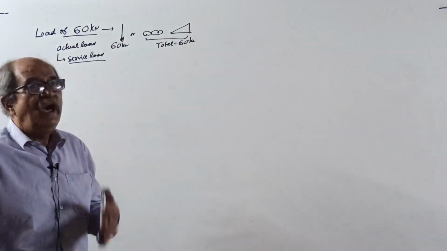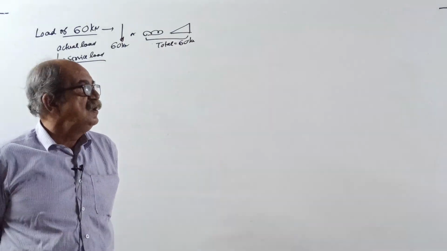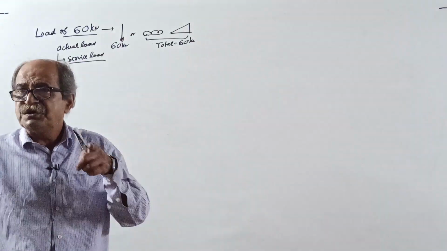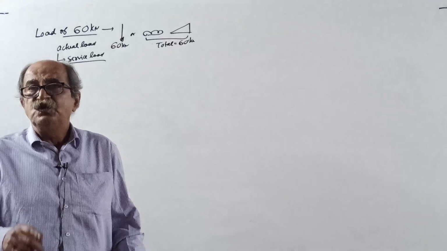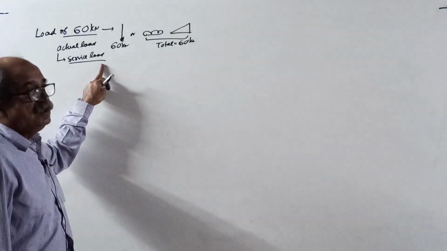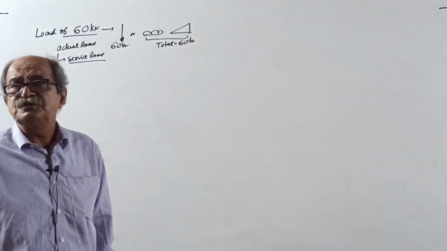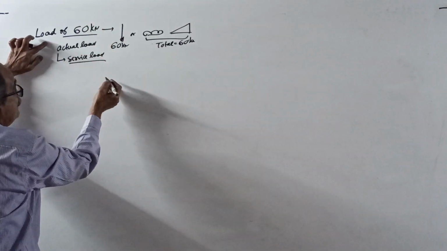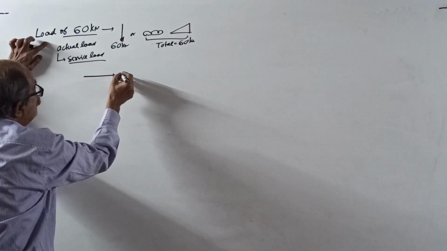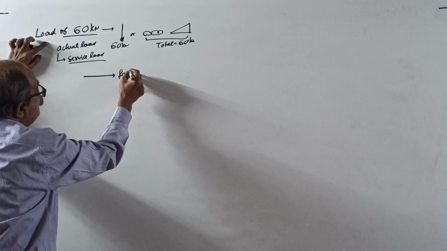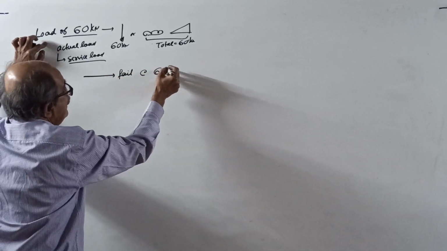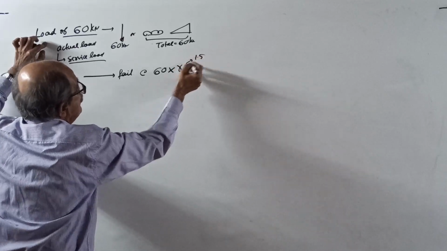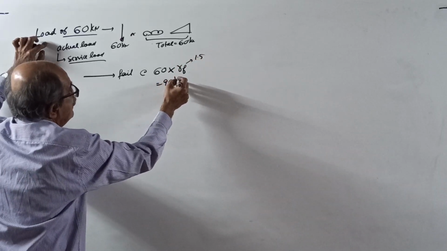Now, I will ask a question in the class. If this is the real load applied, do you want your structural member to fail at this load? Students will tell, no sir, safety required. Therefore, if you are really applying 60, the structure should fail or collapse at 60 into gamma F. I will take 1.5, say 90 kilonewton.